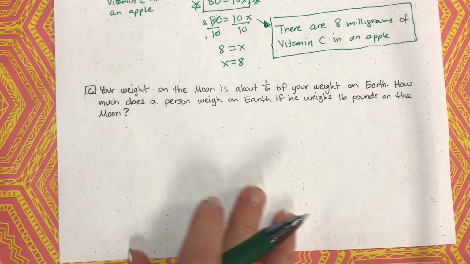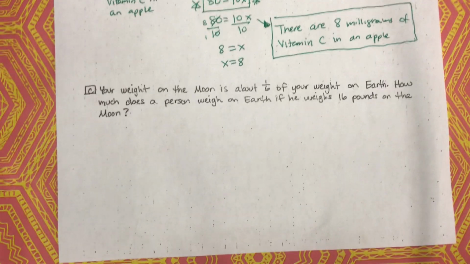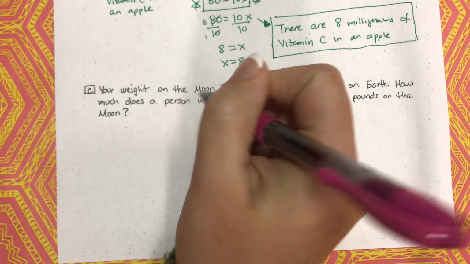Okay, let's go ahead and do this last one. It says your weight on the moon is about 1/6 of your weight on the earth. How much does a person weigh on the earth if he weighs 16 pounds on the moon? All right, perfect. So, we have a couple different things. What are the things we don't know? Your weight on the moon, right? So that's going to be one variable.